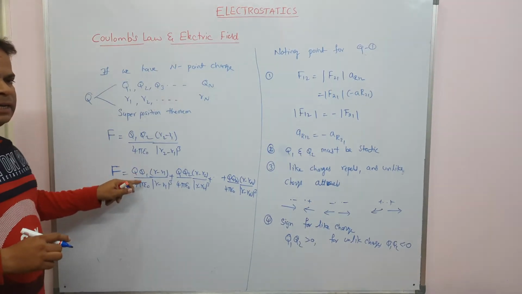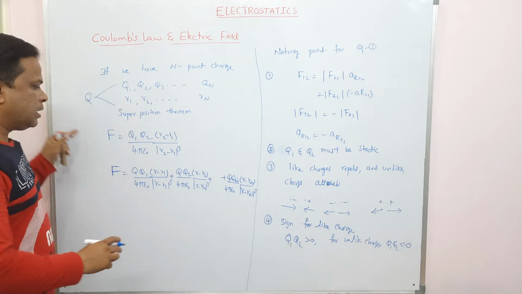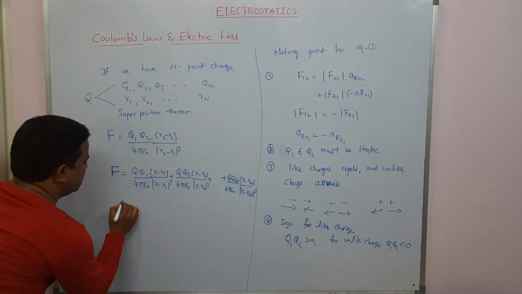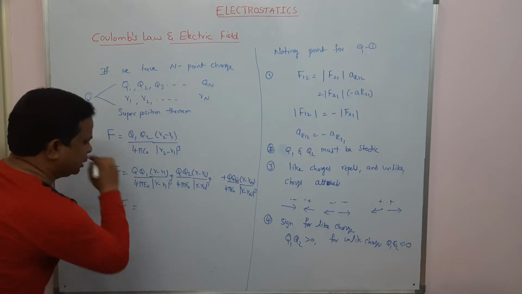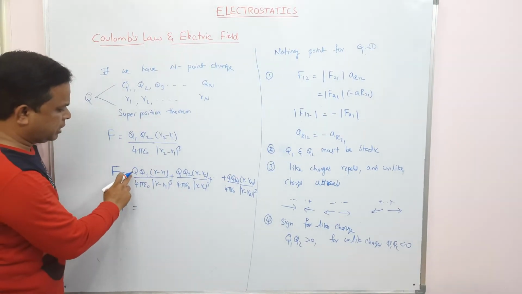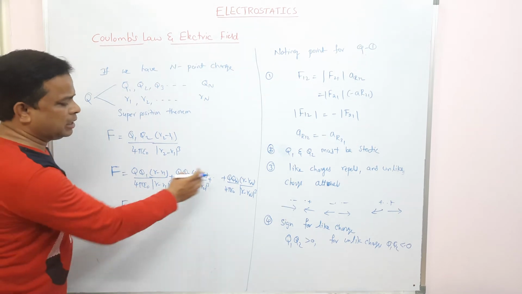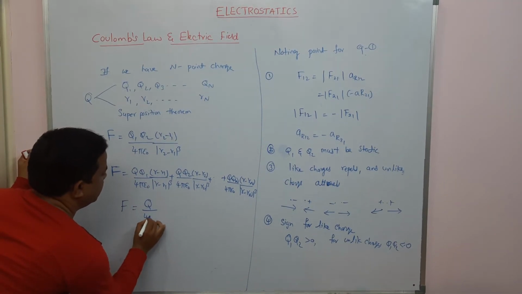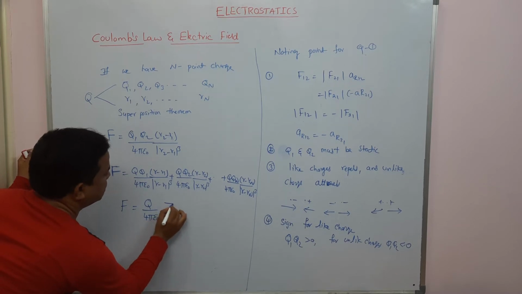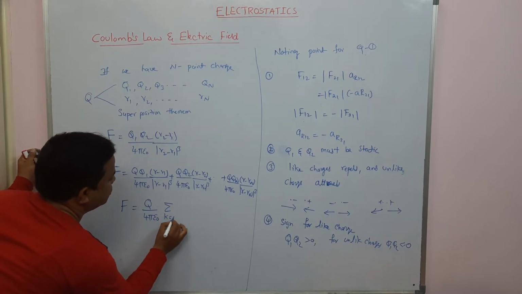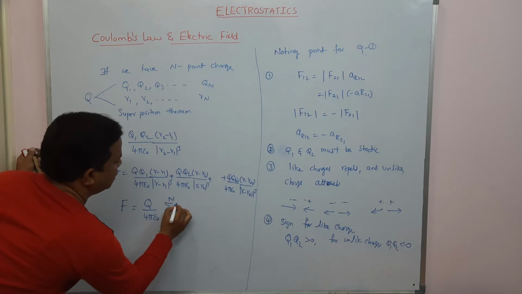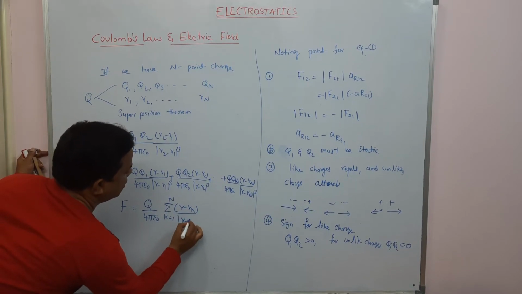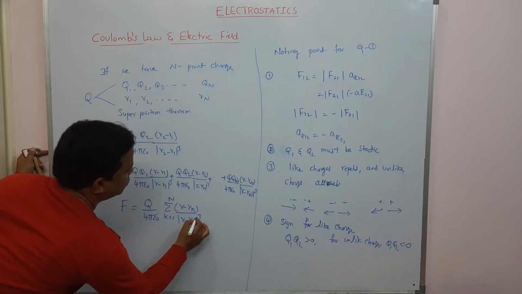Now if I sum this equation, I can write it in compact form. The common terms q by 4 pi epsilon naught can be taken out, summation k equals 1 to n of r minus rk by mod of r minus rk whole cube.